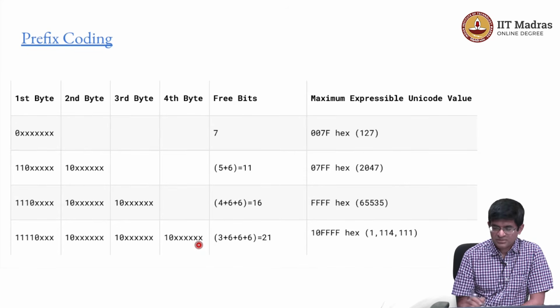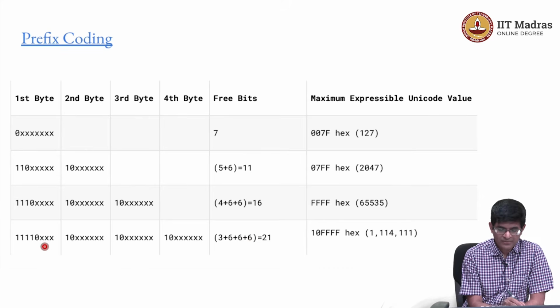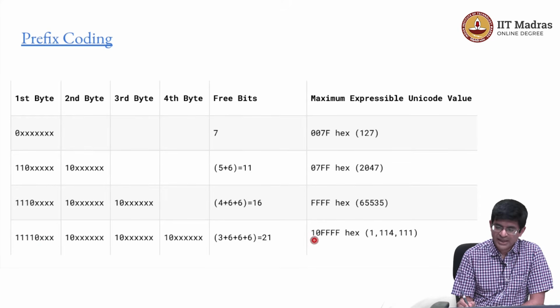Now over here, one further restriction is put. Ideally you have 21 bits, which means that I could have gone up to 2 to the power of 21. But in the case of the Unicode standard, they also put in a further restriction that the first 5 bits essentially have to correspond to the value 10. Why?